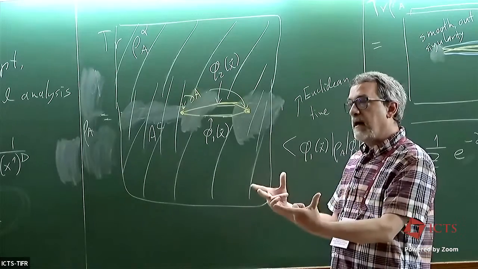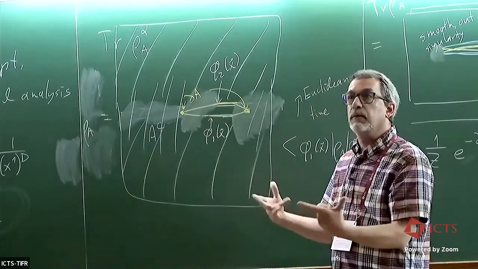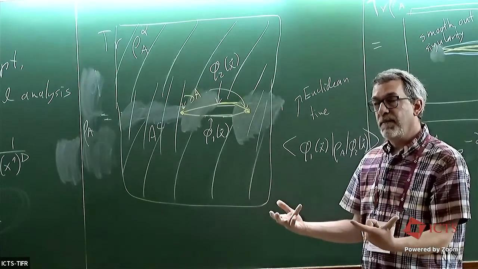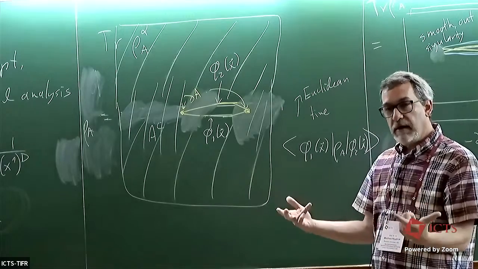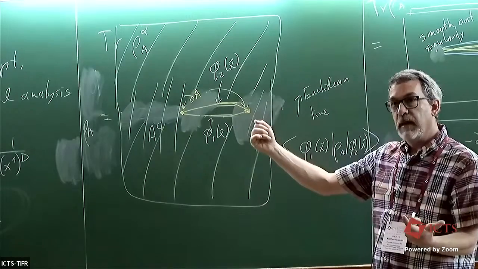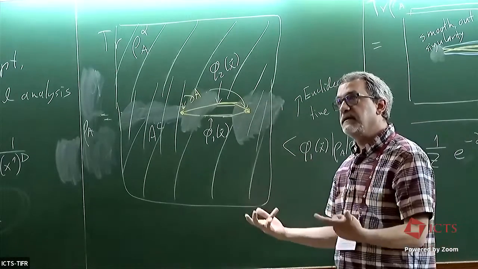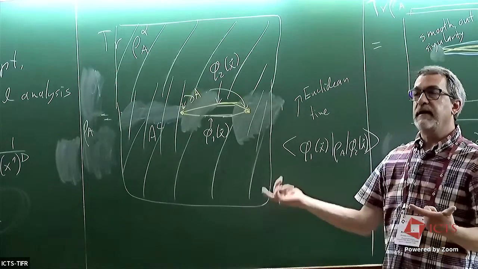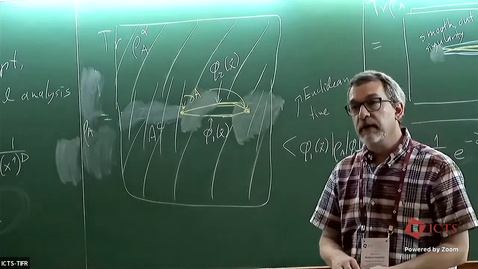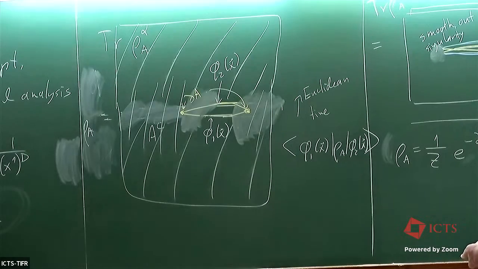And if you can do that, then you've computed the second Renyi entropy. And if you can do it for any number of sheets, then you've computed trace rho to the alpha for all integer alpha, 2, 3, 4, up to infinity. And then if you can analytically continue that in alpha and take alpha to 1, then you've learned the entanglement entropy.